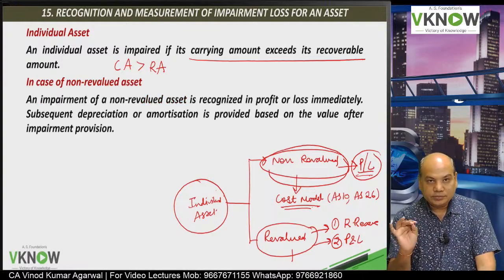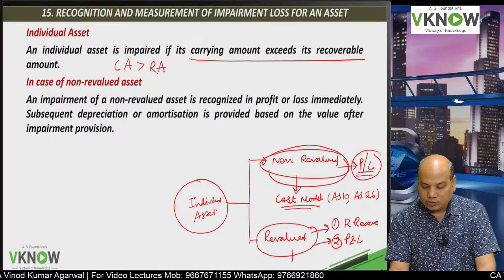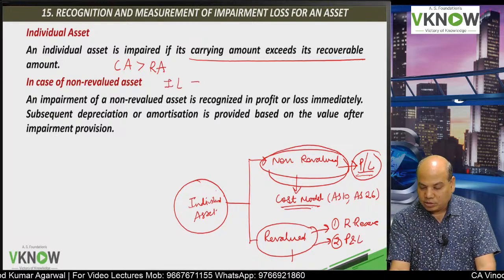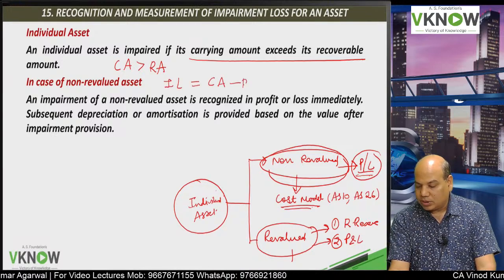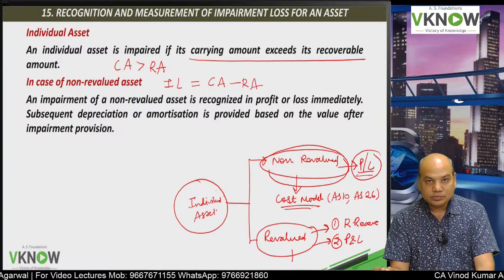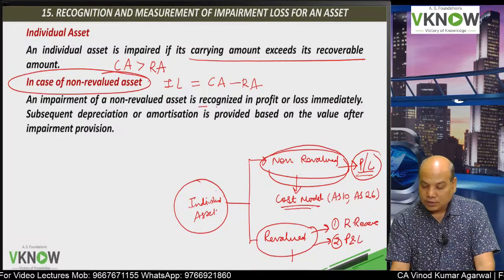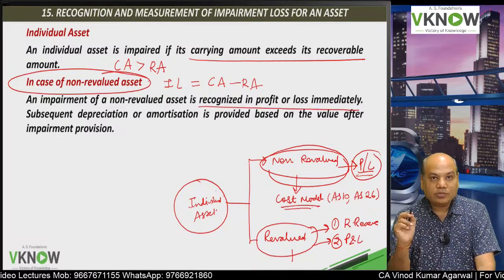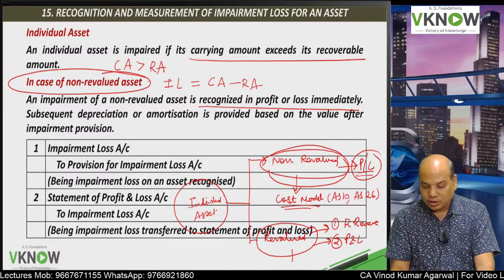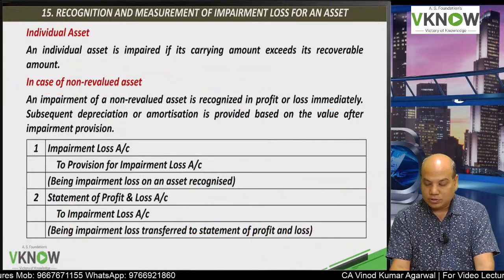Accounting treatment. If there is an impairment loss, it is equal to carrying amount minus recoverable amount, and if it is a non-revalued asset, then first we are going to recognize where? First we are going to recognize in profit and loss account.